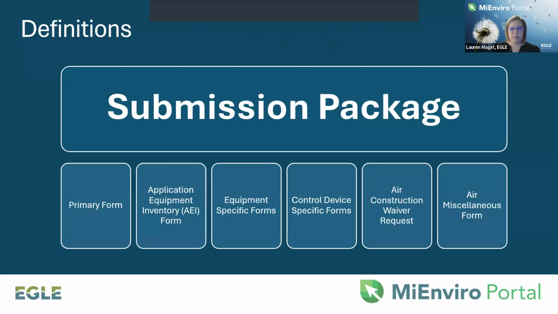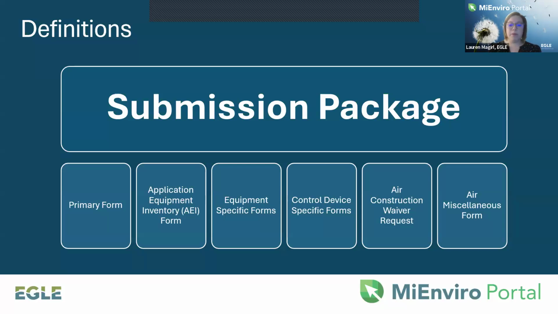We have a primary form and an application equipment inventory form, or as we may call it, the AEI form for short. And then there's several as-needed forms, including equipment-specific and control device-specific forms. There's a way to request a construction waiver as part of your package, and we have a miscellaneous form.